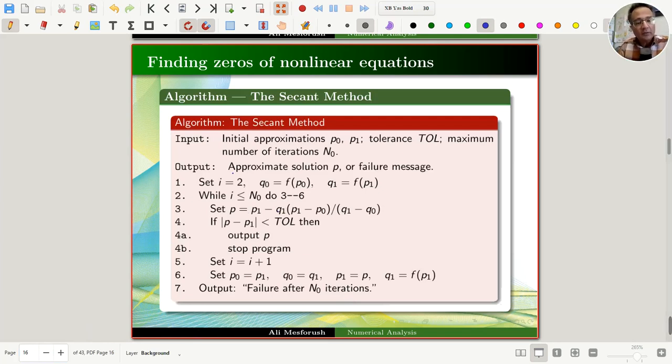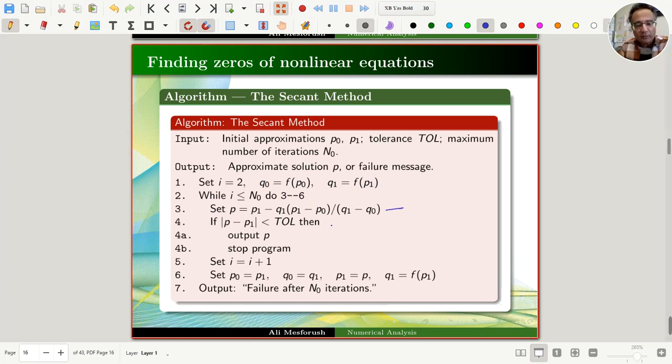It's like this. We start with two starting points, P0 and P1, a tolerance, for example 0.0001, and the maximum number of iterations. So we start with Q0 equal to f of P0 and Q1 equal to f of P1, and we continue with steps 3 to 6.